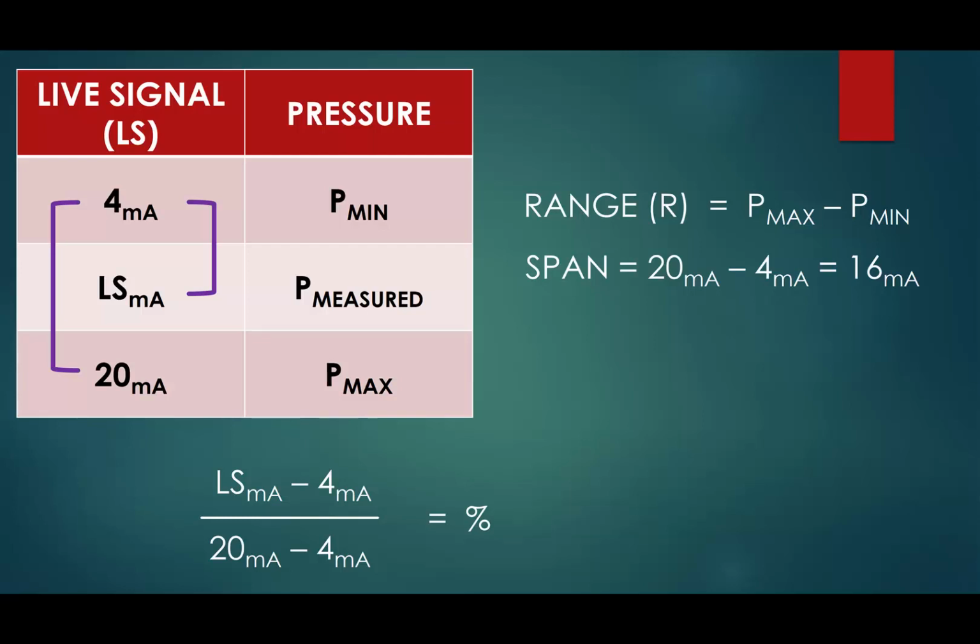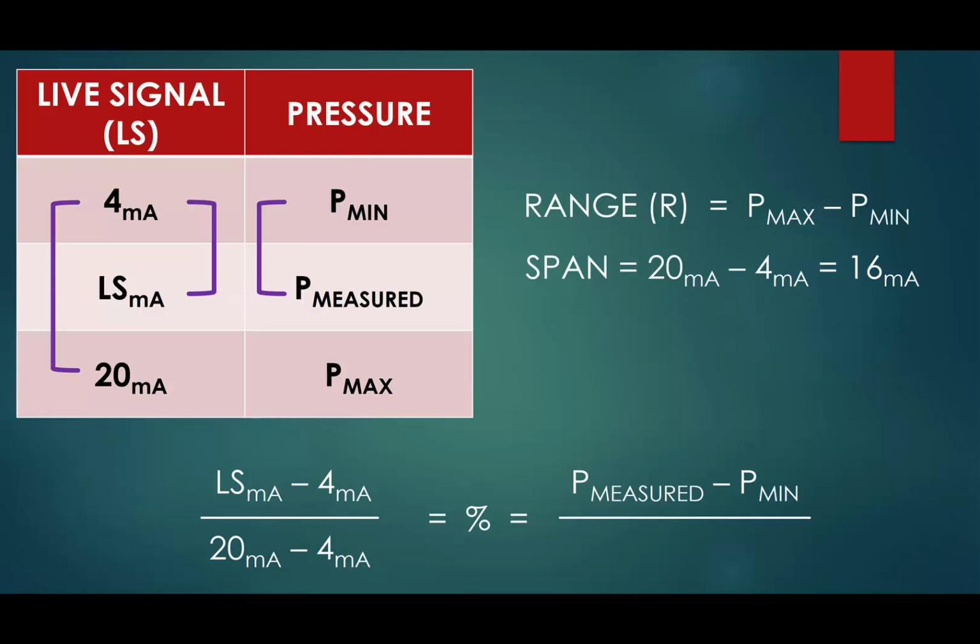That's what that little chart table we've been looking at would say. If you get to 12 milliamps, 12 minus 4 is 8, 20 minus 4 is 16, you're at 50%. So the whole point, and the reason this works, is that percentage is going to be equivalent to what happens on our actual values, on our pressure column in this case.